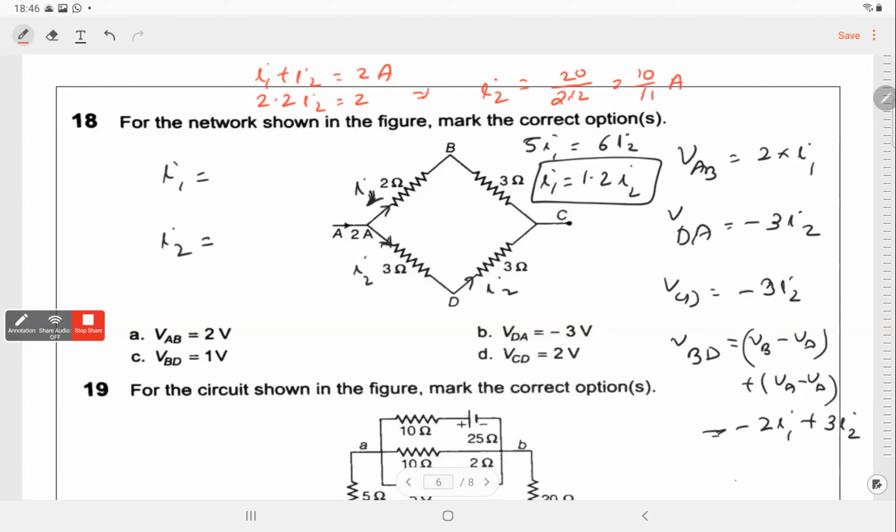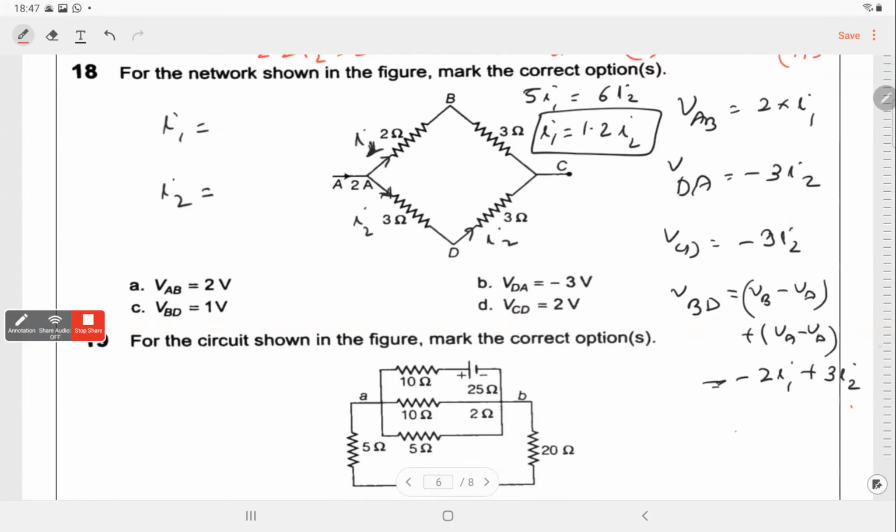So 10 by 11 आ गया I2 और I1 आ जाएगा 12 by 11. 12 by 11 and 10 by 11. So I think none of the options will match here because the answer is not correct.